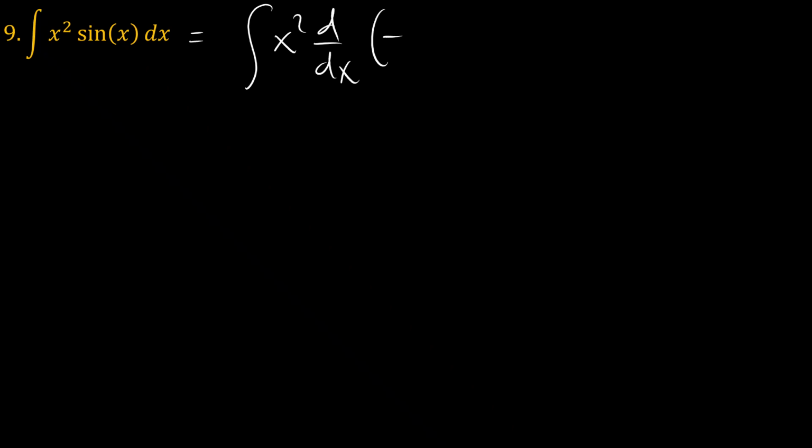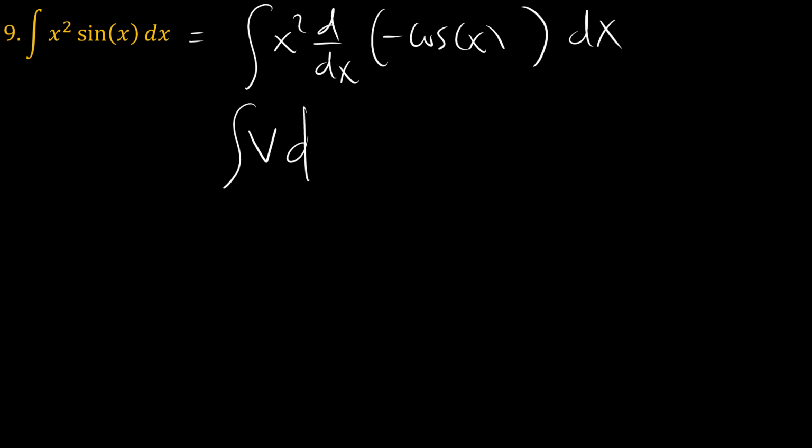Problem number 9 happens to be the indefinite integral of x squared times sine of x. So we can re-express this in this formalism. Sine of x is the same as the derivative of negative cosine of x. And then we can use integration by parts, where if you have an integral of the product of a function v and the derivative of function u, that's the same as uv minus the integral of function u times the derivative of function v.